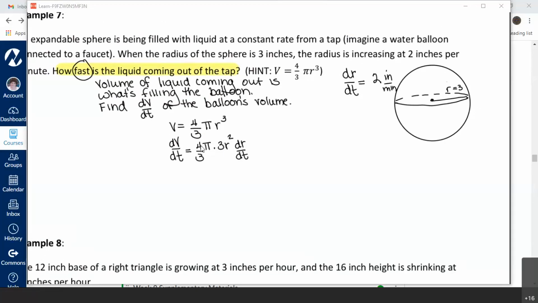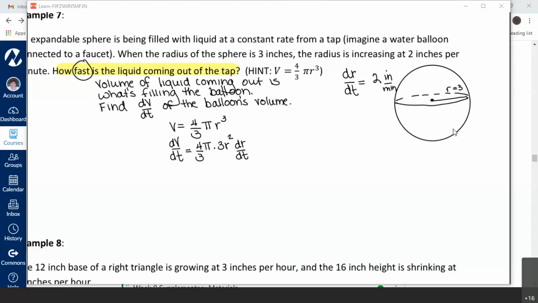Now I have to make sure I have all of the variables on this side of the equation. 4/3 pi is just a number, don't need anything there. I have the radius, because they told me when the radius is 3 inches, so r is going to be 3. And they told me the rate at which the radius is changing when it's 3 inches. So I have dr/dt.